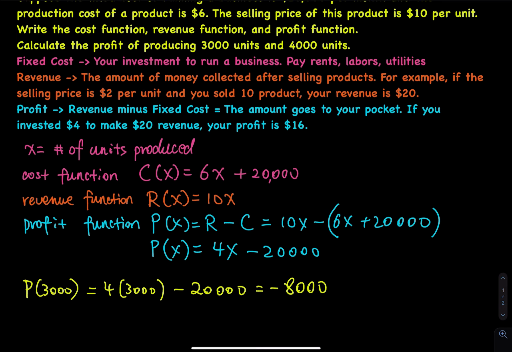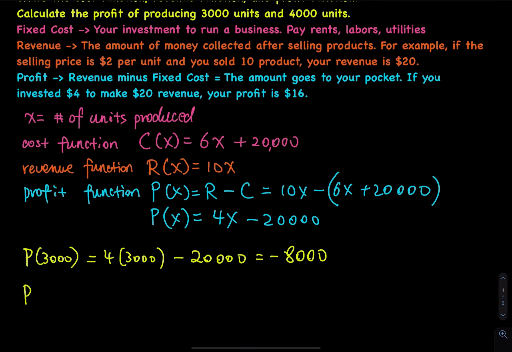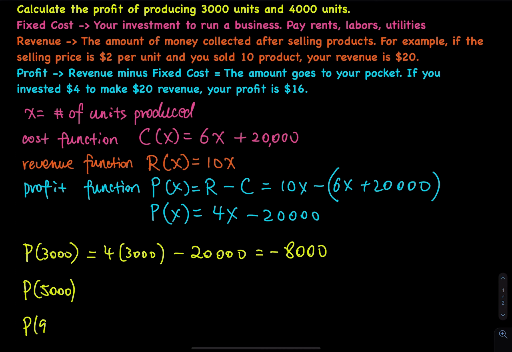If you want to do the 4,000 units, that is fine. But other than the 4,000, I would like to investigate the 5,000 and the 9,000. Again, if you already have your 4,000, do not erase. That is okay.